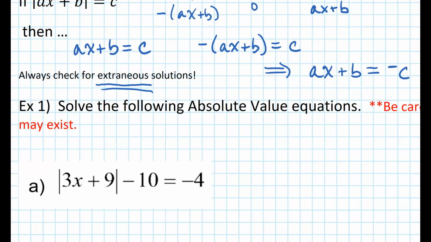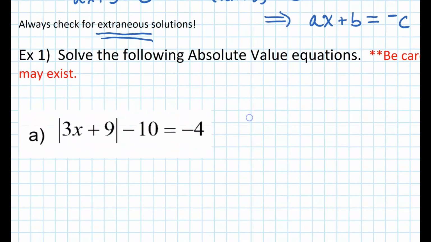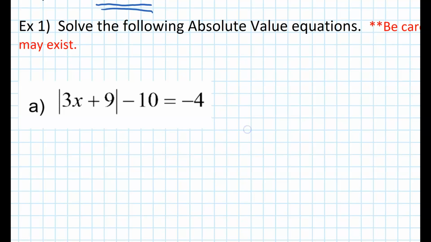So let's start with our first one. The absolute value of 3x plus 9 minus 10 is equal to negative 4. Can anybody tell me what is the first thing we should do?